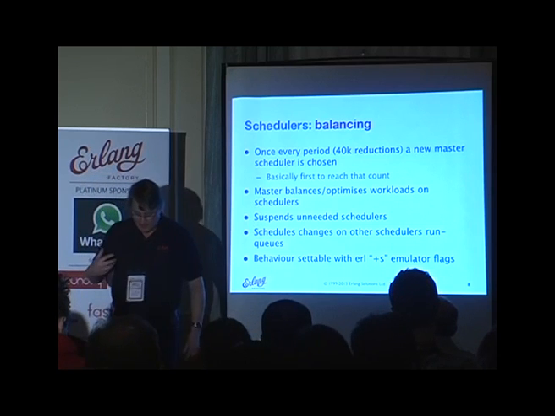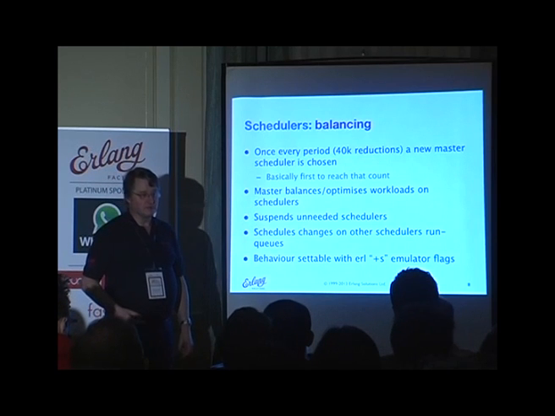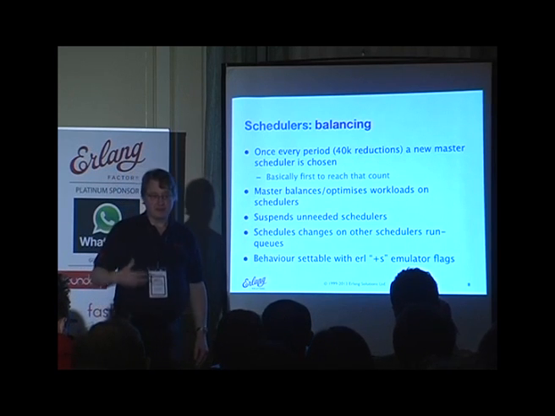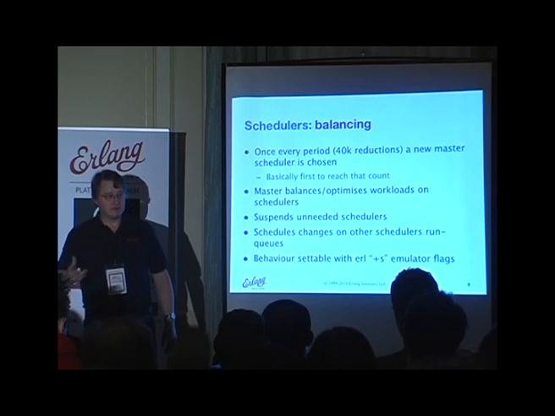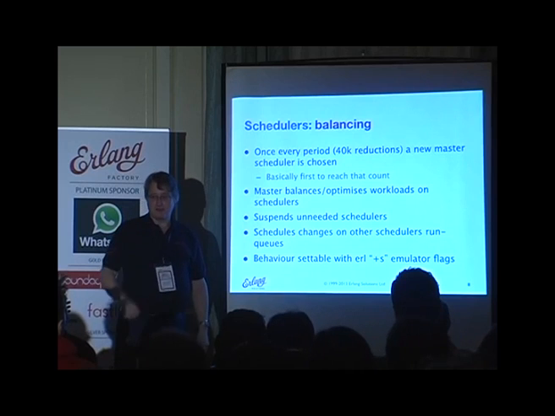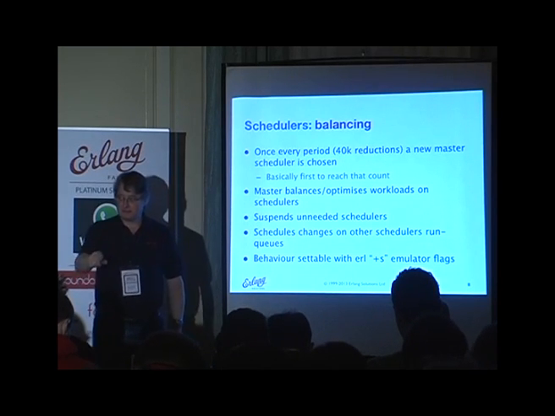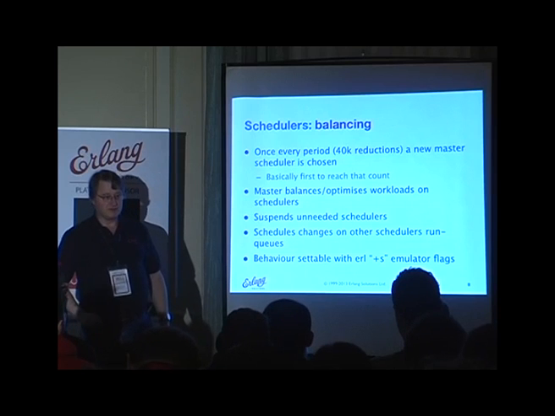It does its work by putting things on schedulers' run queues. So if it wants a scheduler to take a process, it will put a job on that scheduler's run queue to take over a process. So very rarely does it actually synchronously tell the scheduler anything.